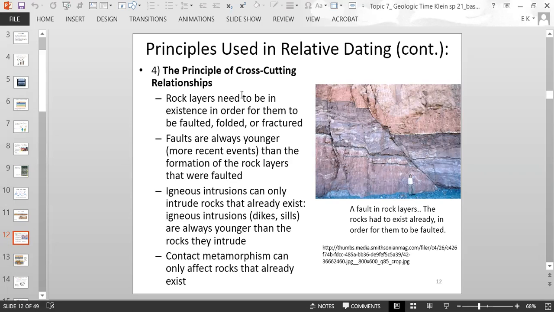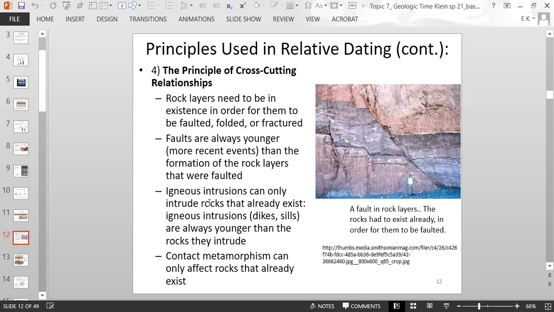Okay, so rock layers need to be in existence in order for them to be faulted, folded, or fractured. So faults are always younger or more recent events than the formation of the rock layers that were faulted. Igneous intrusions, okay, we're going to talk about igneous intrusions now. Igneous intrusions can only intrude rocks that already exist.